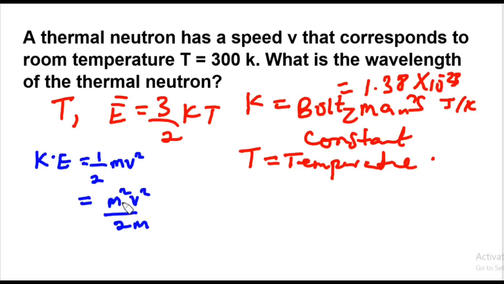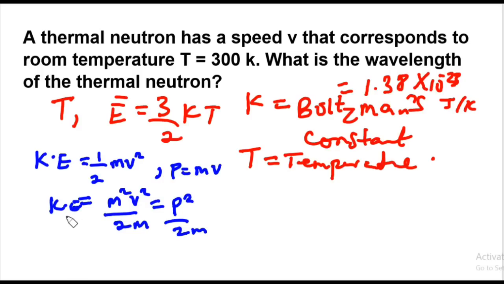Momentum is defined as the product of mass and velocity, so we can have that this is p squared upon 2m, which is the kinetic energy.